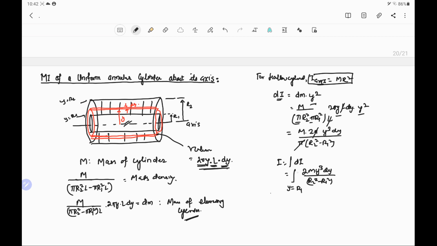Common terms will be taken out: this is 2M by R2 square minus R1 square, limit y equal to R1 to R2, and the remaining term is y cube dy. The integral of y cube is y 4 by 4, and we will put the limit here, R1 to R2. It is equal to 2M by R2 square minus R1 square.